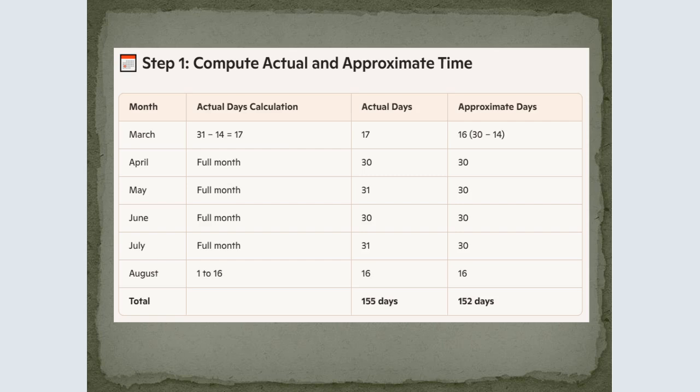Then from April to July, we will use 30. And then August is 16. Adding all for the actual days, that will give us 155 days. And for the approximate days, that will give us 152 days.